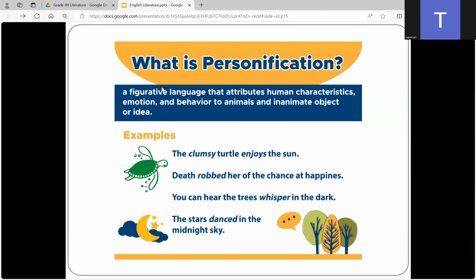Now, personification. Can you read what is personification? A figurative language that attributes human characteristics, emotion, and behavior to animals and inanimate objects or ideas.